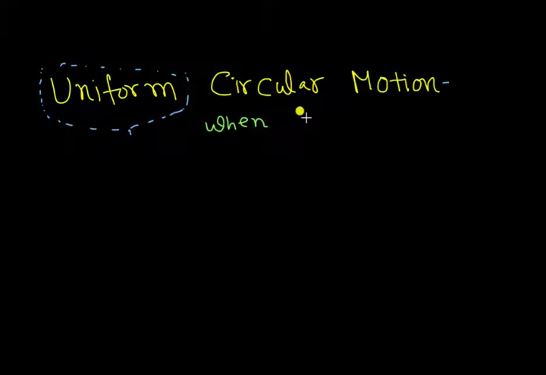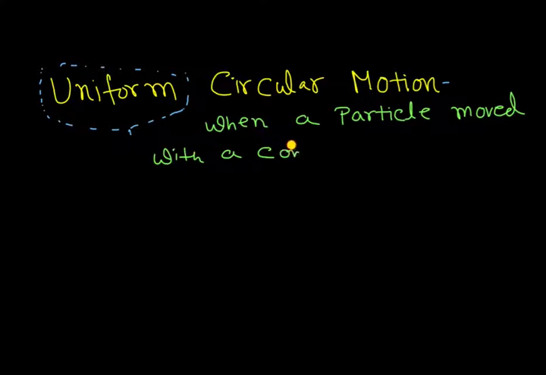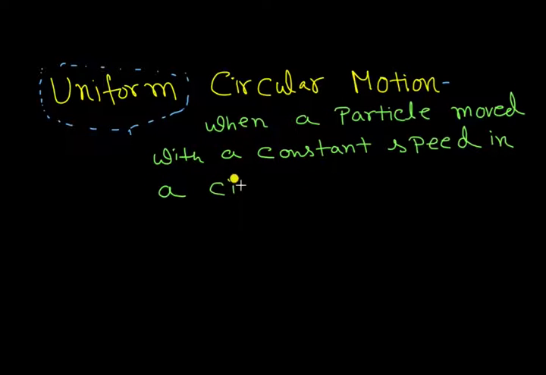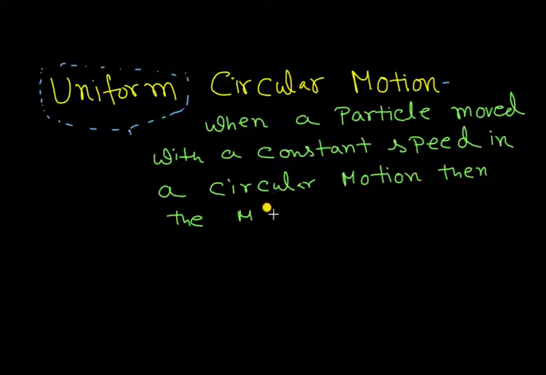When a particle moves with a constant speed in a circular path, then the motion is circular motion.